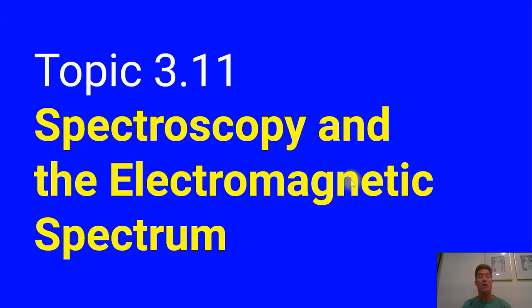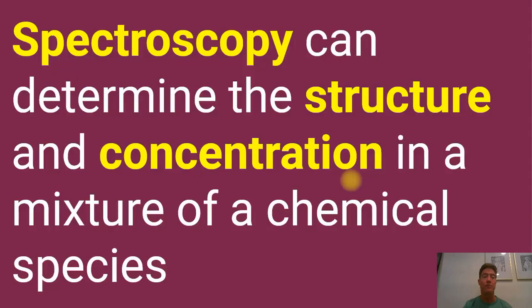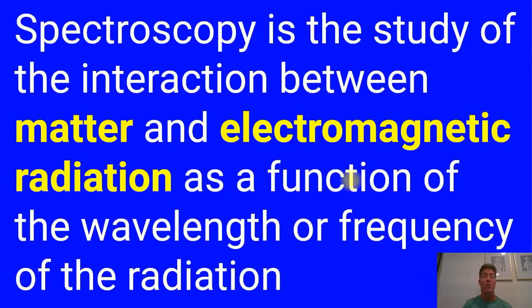All right, that takes us to spectroscopy and the electromagnetic spectrum. Spectroscopy can determine the structure and the concentration of a chemical species in a mixture. So basically, it's the interaction between matter and electromagnetic radiation.